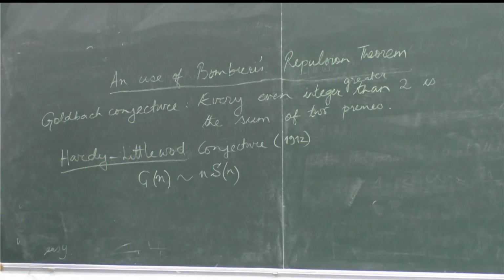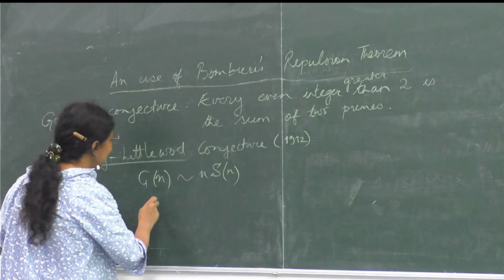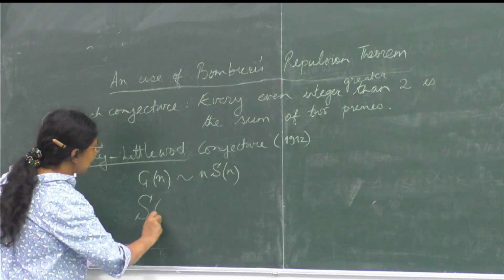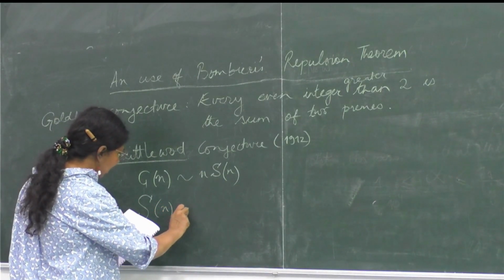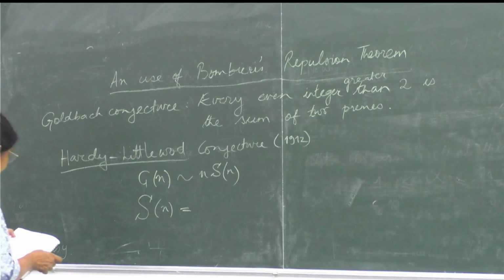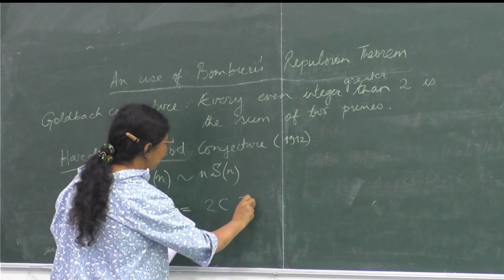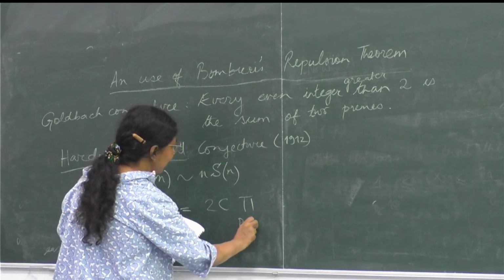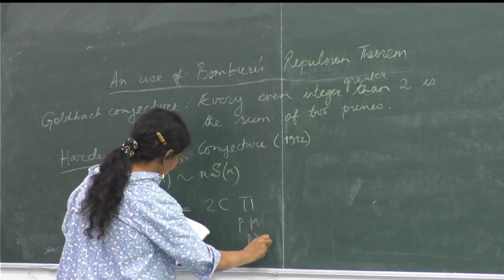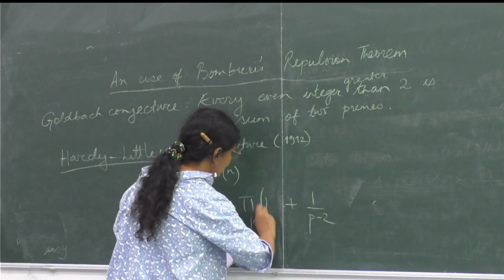And what is S of n? This S of n is a singular series. You saw the singular series yesterday, remember? You saw singular series for the ternary case also. So this is equal to 2c times the product over p dividing n, p greater than 2, of 1 plus 1 upon p minus 2.